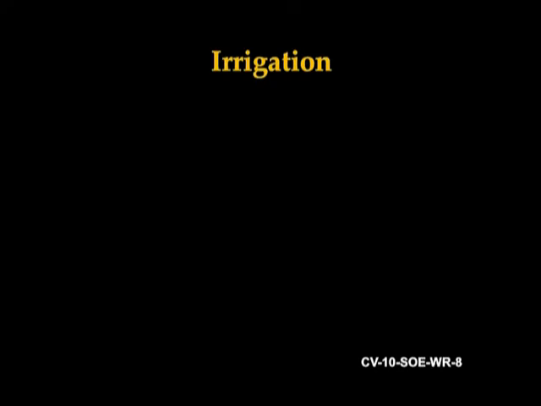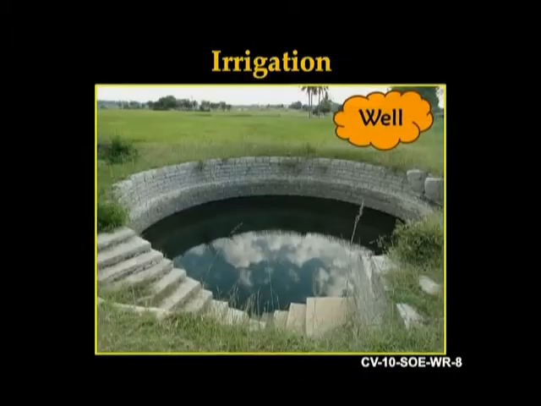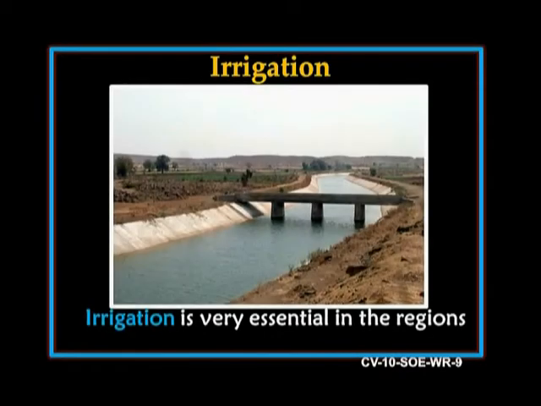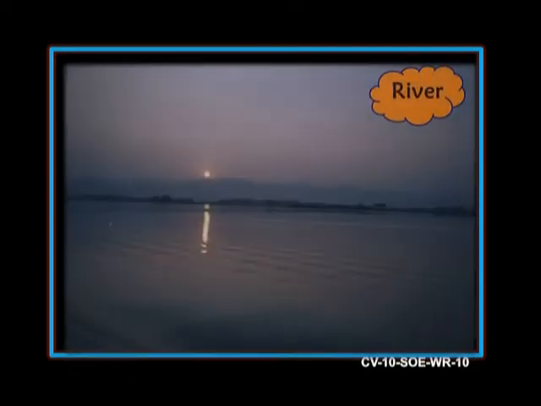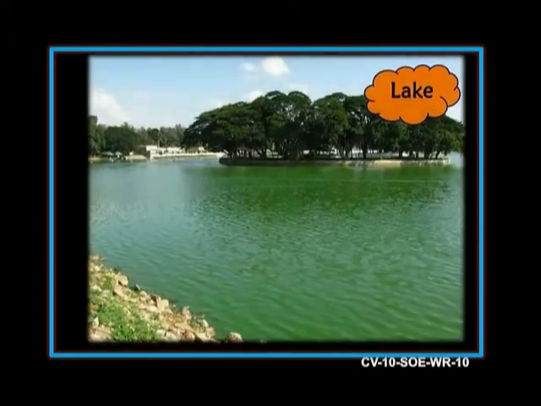Irrigation means supply of water to agriculture from canals, wells, and tanks artificially or manually constructed. Irrigation is very essential in the regions of low rainfall. The water resources on the surface of earth are the rivers and lakes.